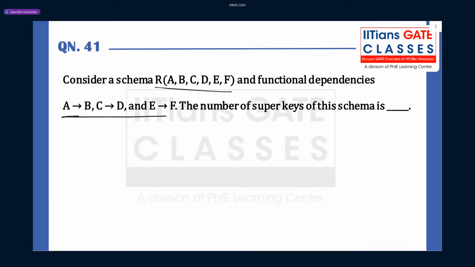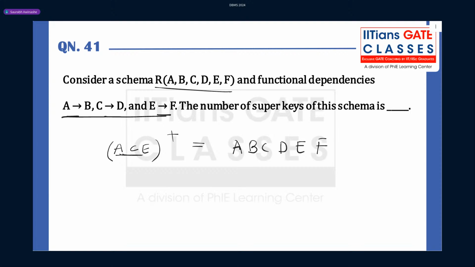We have A gives B, C gives D, and E gives F. Okay. So we want all those attributes whose closure will give you A, B, C, D, E, and F, right? So the first thing is to add all those attributes here that are not in the RHS of any functional dependency. So we have A, C, and E, right?